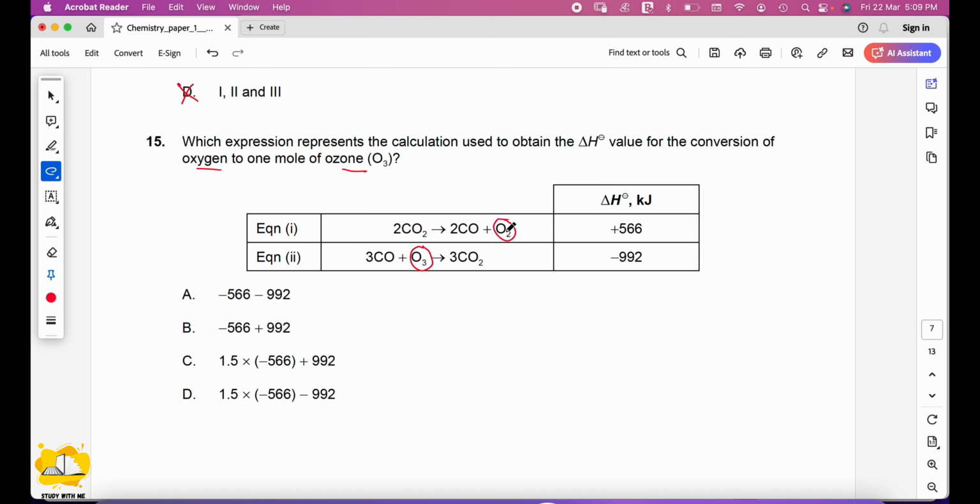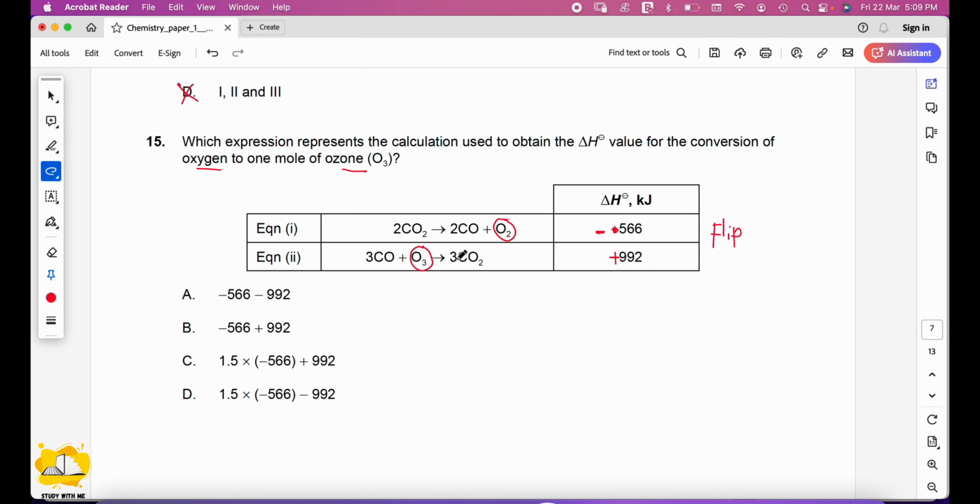So it will be oxygen to ozone, to 1 mole of ozone. So we need to flip both of them. So this will be negative and this will be positive. But you also need to pay attention that CO2 here, the coefficient is 3. We need to eliminate them, but here is 2 CO2.